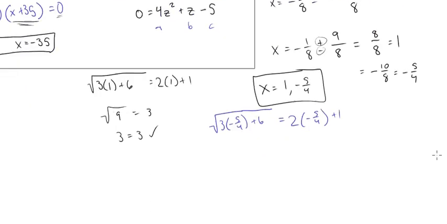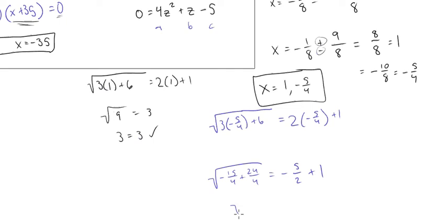So this will multiply out to give us the square root of negative 15/4 plus 6. If I turn that into fourths, that's 24/4, equals negative 5/2 plus 1.